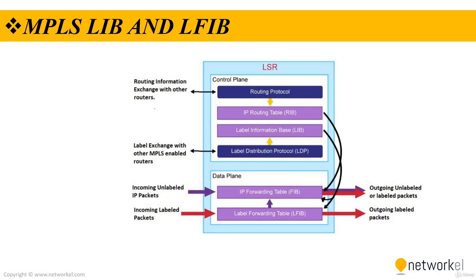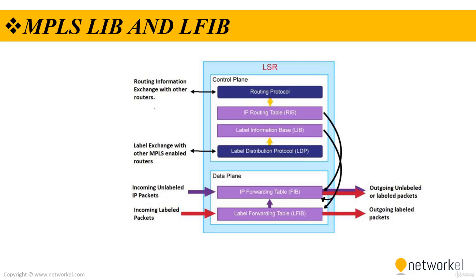Let's say a labeled packet arrives on an MPLS-enabled interface. Because it is labeled, the LFIB is used to make a forwarding decision this time. If the LFIB indicates that the outgoing interface is an MPLS-enabled interface, the label is removed, a new label is added, and the labeled packet is forwarded out the MPLS interface labeled.